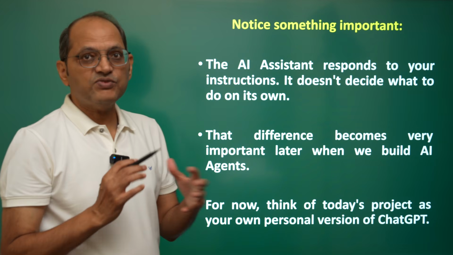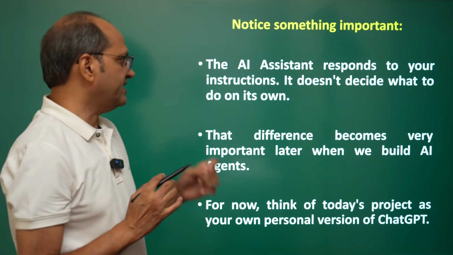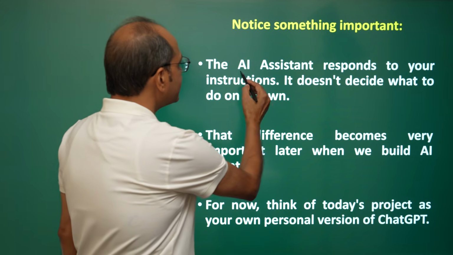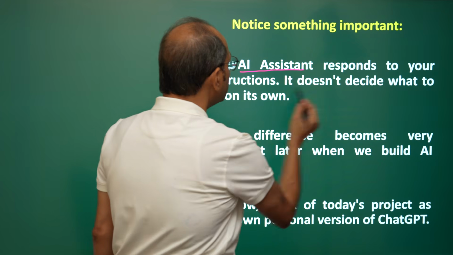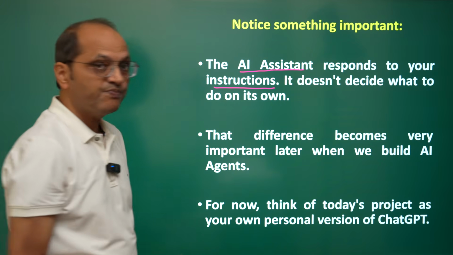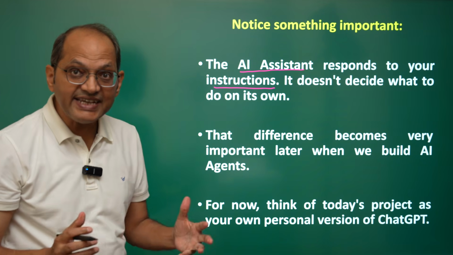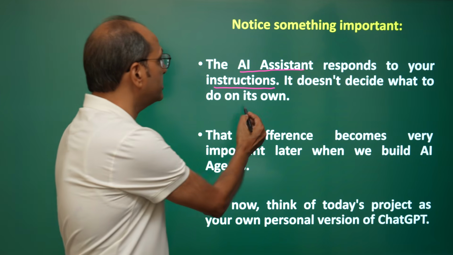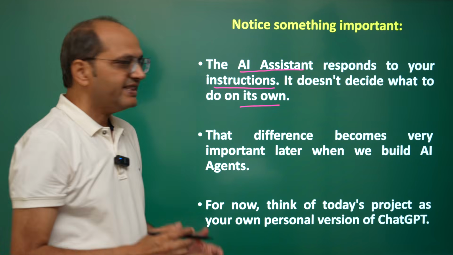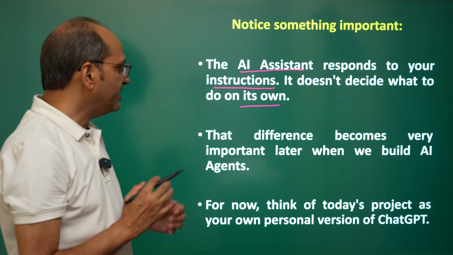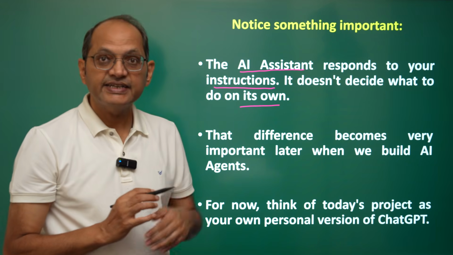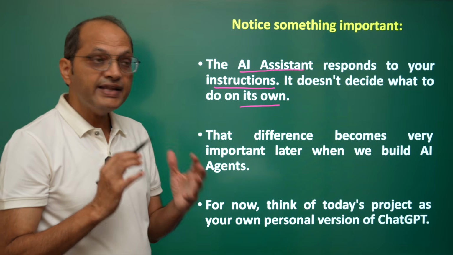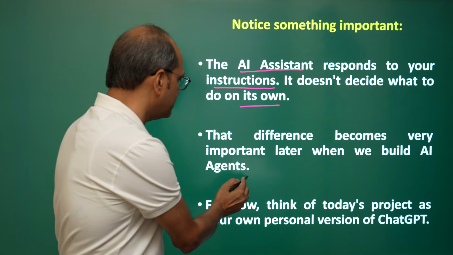So notice something very important. What is that? The AI assistant responds to your instructions. It does not decide what to do on its own. That difference becomes very important later on when we build AI agents.